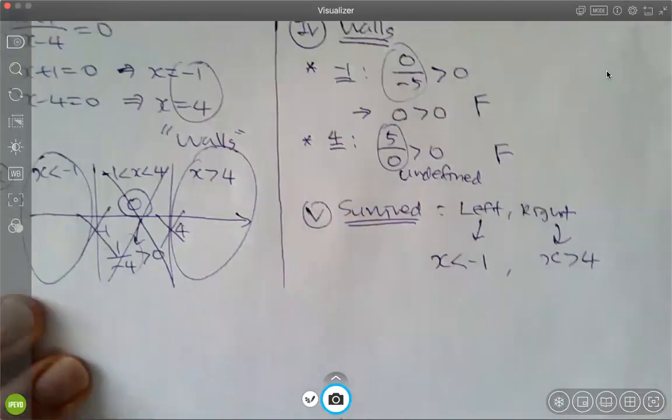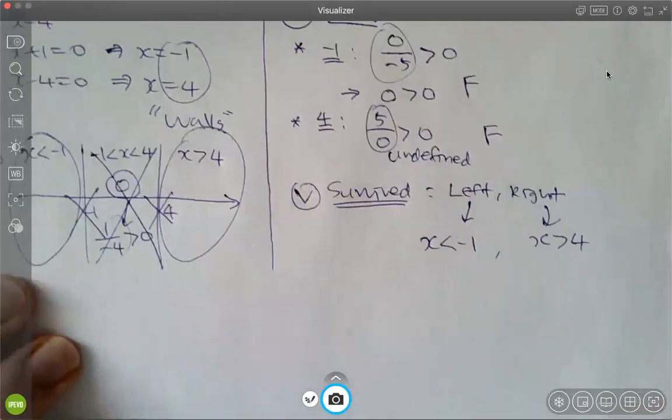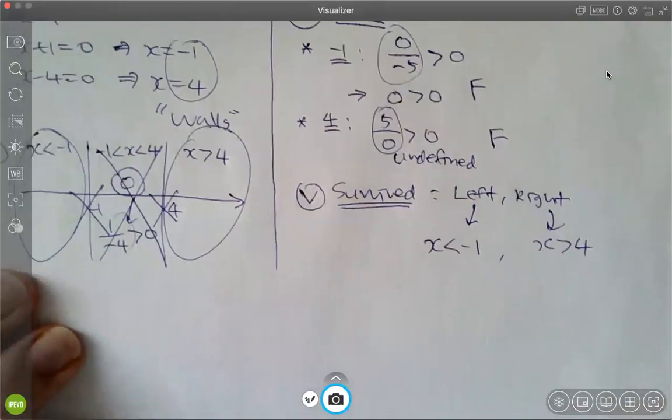And now can we write them in interval notation? Yes. What's the interval notation of the first one, x is less than -1?